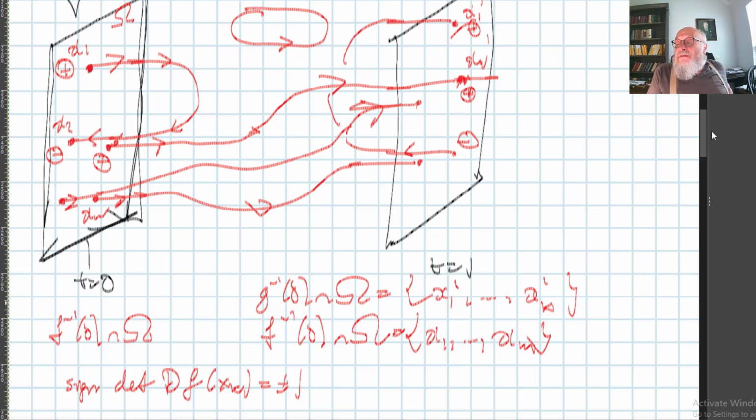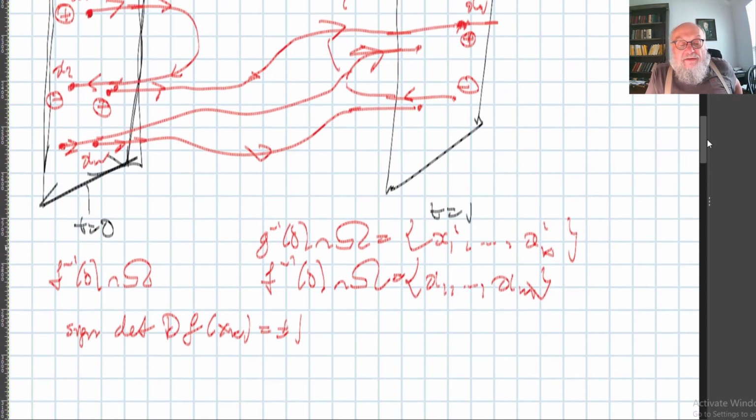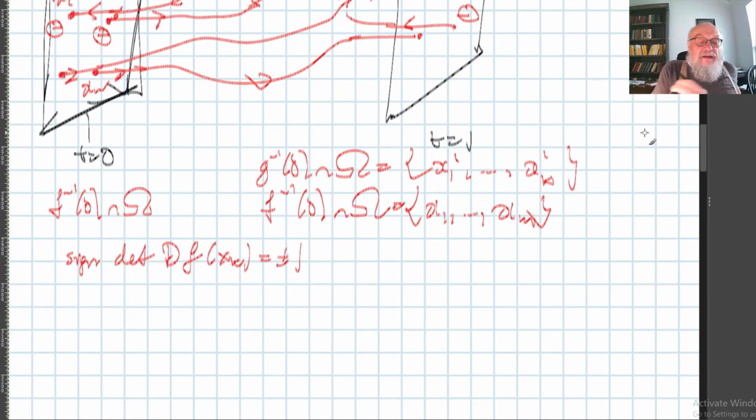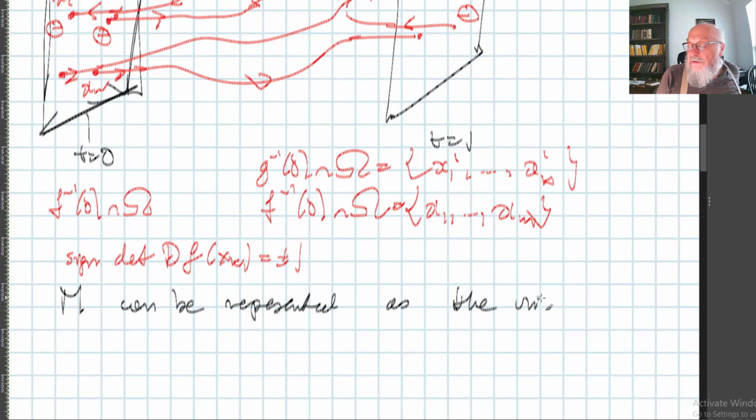So we have this following situation. It is immediately possible to recognize that the manifold M can be represented as the union of disjoint components. So let's start with M0. These will be the components that return to t equals 0.